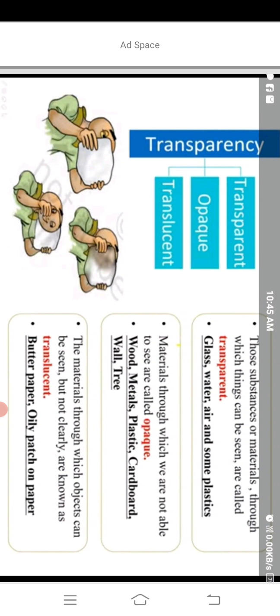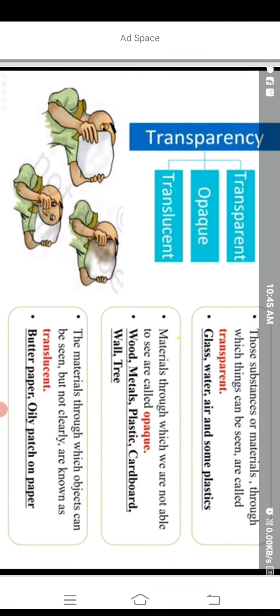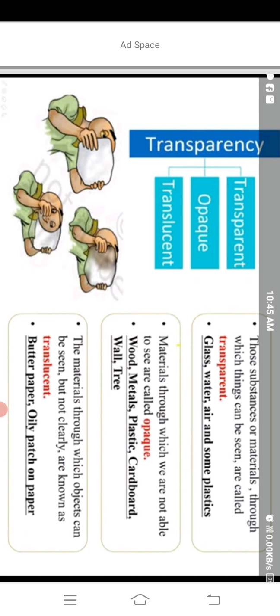Now, the materials through which objects can be seen but not clearly are known as translucent materials. Butter paper and an oily patch on paper are examples of translucent materials.